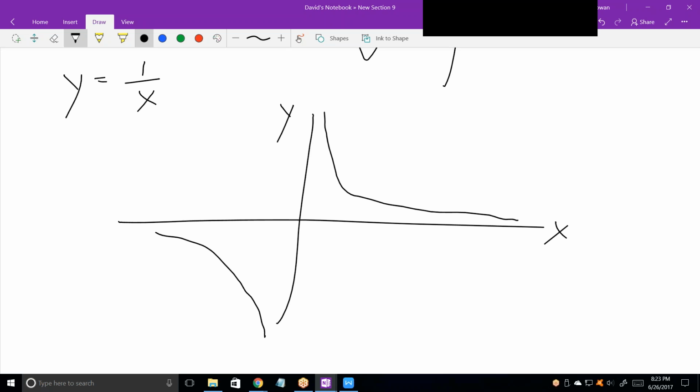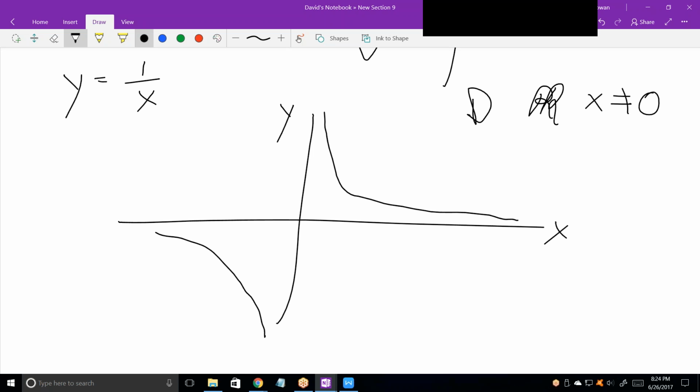We just didn't do it graphically. We did it algebraically. Domain is anything, wait, no, it can't be 0? All real numbers except 0. All reals except x cannot be 0.